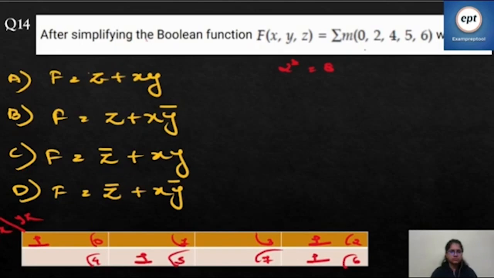So this is 0 0 and this is 1 0. So this is 0 0 1 0 1 1 0 1. Likewise the numbering will be there.